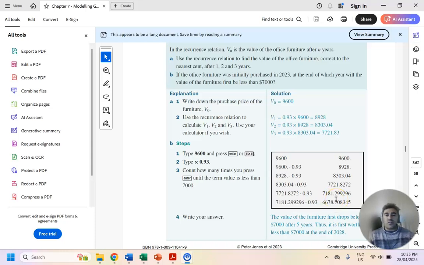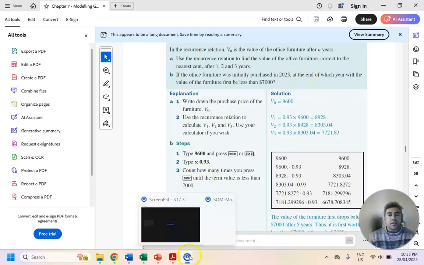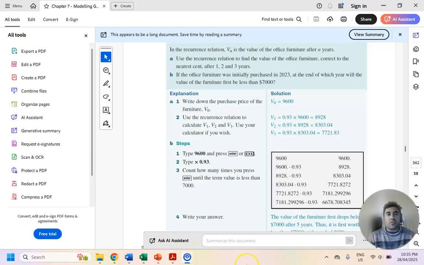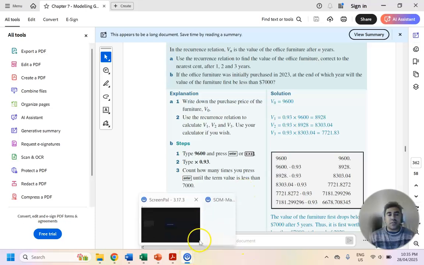So the value of the furniture first drops below $7,000 after 5 years. And because it's asking for the specific year, it says 5 years attached to 2023. That's how you tackle the example for 7D, example 22.